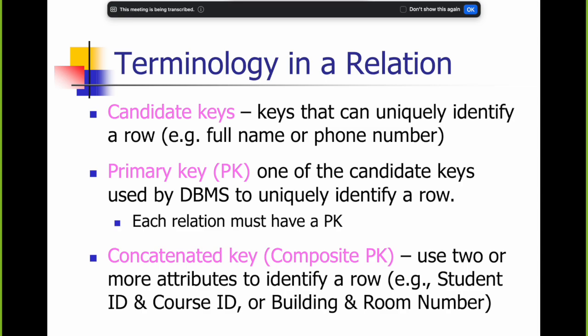Now, primary key is one of those candidate keys that actually becomes your primary key, right? And it can uniquely identify each row. Concatenated key or composite primary key. Recall when I talked about the enrollment table, when I was drawing the ER model for the student registration.